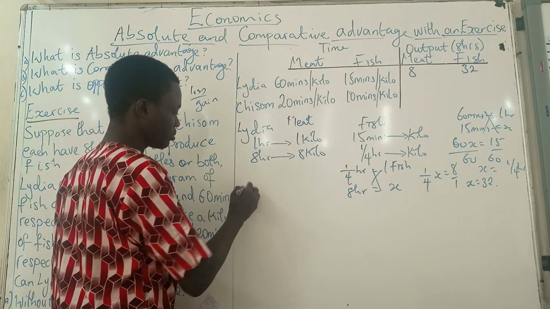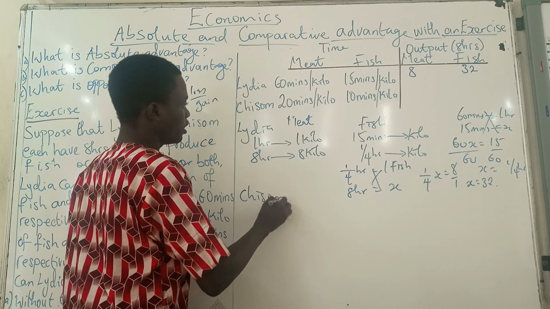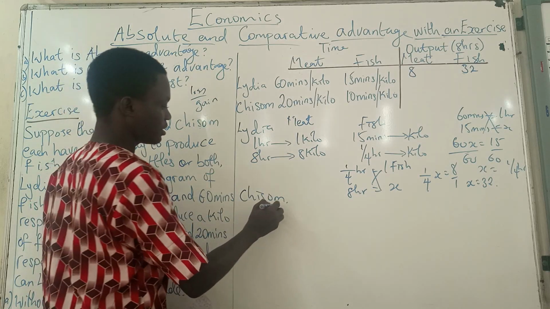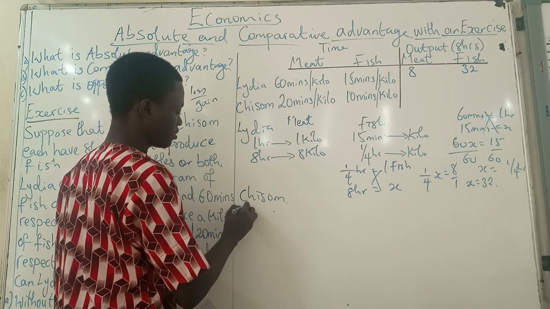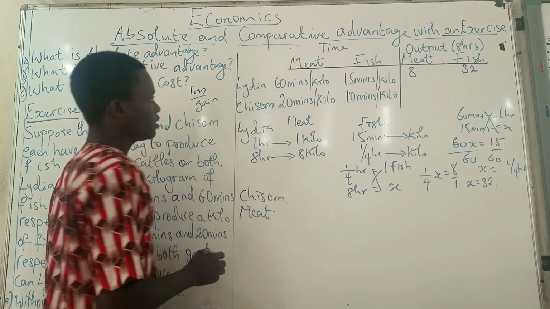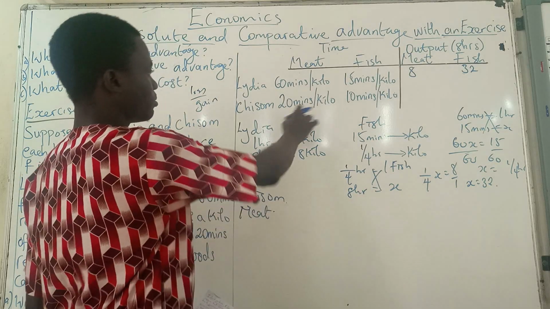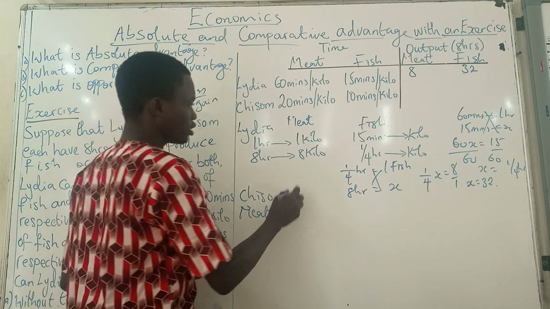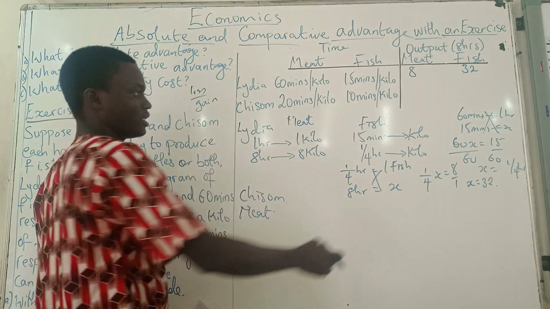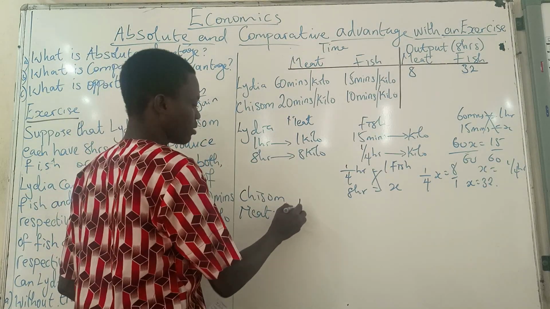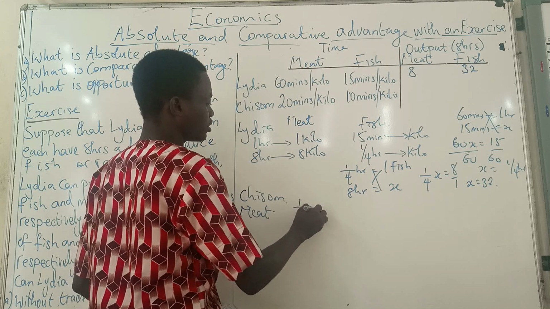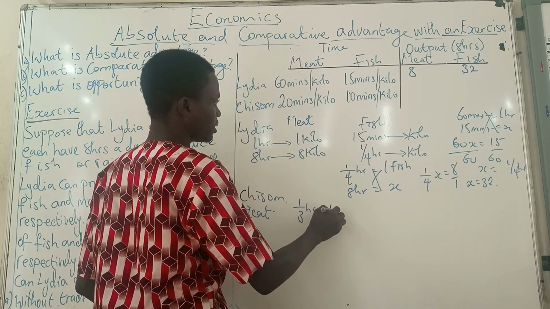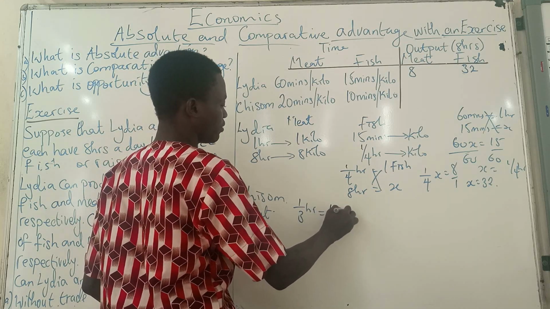What's going to happen to Chisom? So for meat, Chisom can produce 1 kilo of meat in 20 minutes. So 20 minutes is going to be 1/3 hours. So she can produce 1 meat in 1/3 hours.